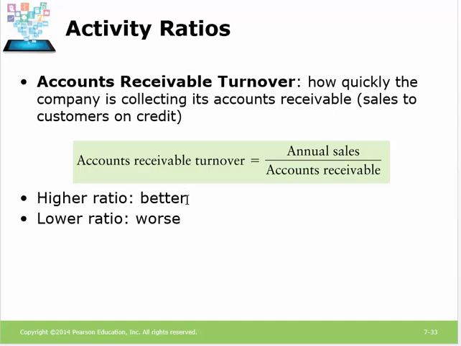A higher ratio is better. It means we're selling our services or our products. We're selling it on credit, and people pay us back. How frequently does that happen? How long does that take? A higher ratio is obviously better. A lower number is worse.